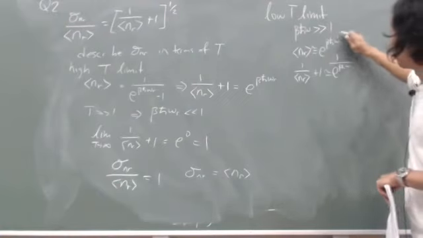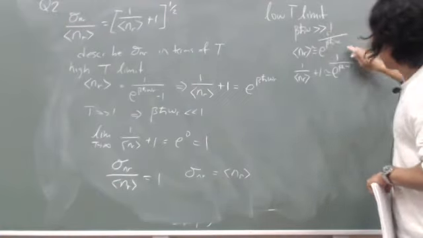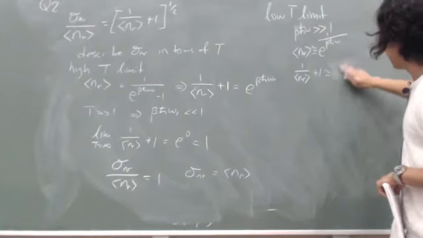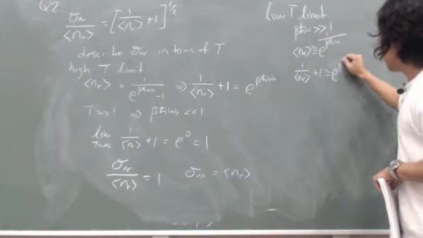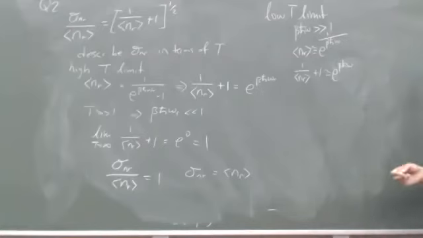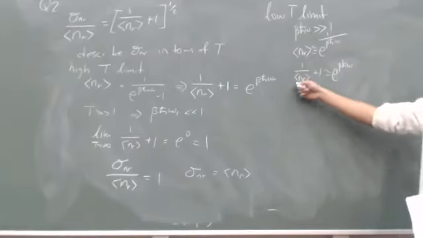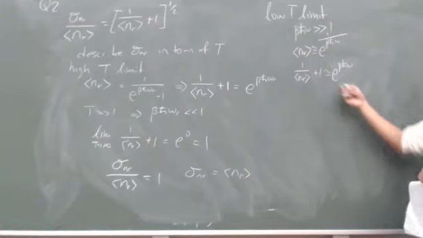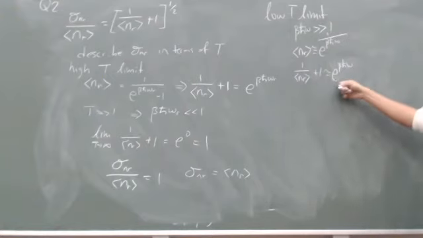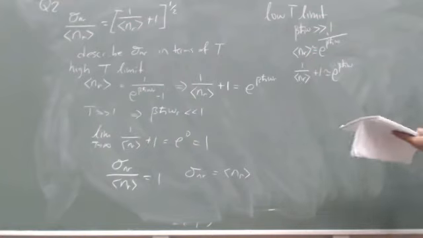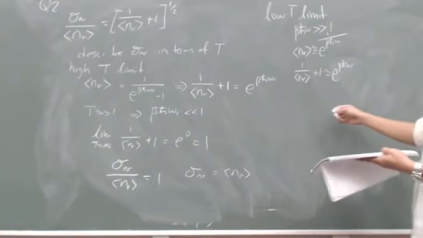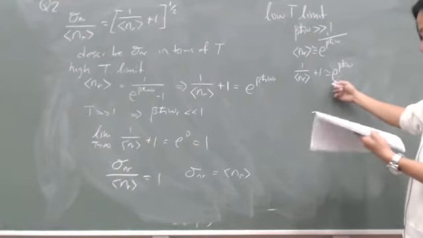Wait, sorry, I got this the wrong way around. This thing is 1 over. So the occupation number is approximately 1 over the exponential, then 1 over the occupation number is just the exponential. And again, we can ignore this 1 because we know this is going to be a huge number. So if we know this is a huge number, then basically this is it.